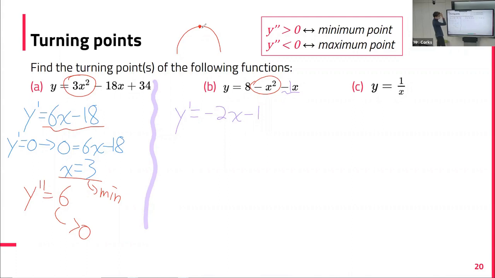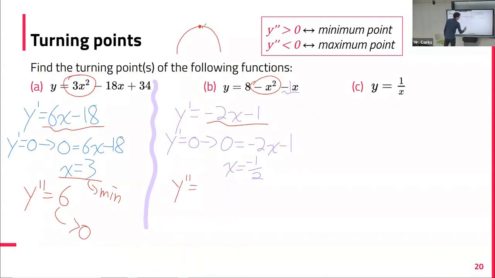All right, so the first derivative is this. Set this thing equal to 0. So when y prime is equal to 0, that means 0 is equal to negative 2x minus 1. So x is equal to negative 1 over 2. And then the second derivative of this thing, y double prime, is equal to negative 2.